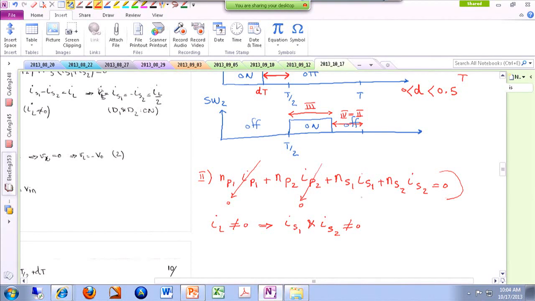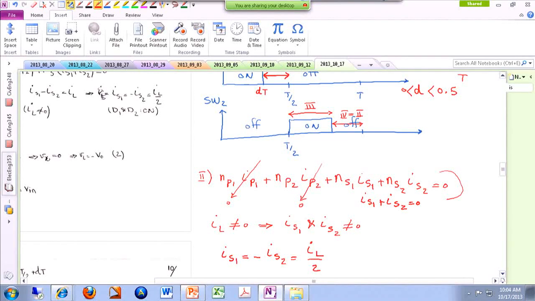So technically, this is telling me that IS1 plus IS2 should be 0. The second equation tells me that because we have that inductor on the output side, both of these currents cannot be 0 at the same time. So the conclusion is IS1 is the opposite of IS2, and each is half of the inductor current.